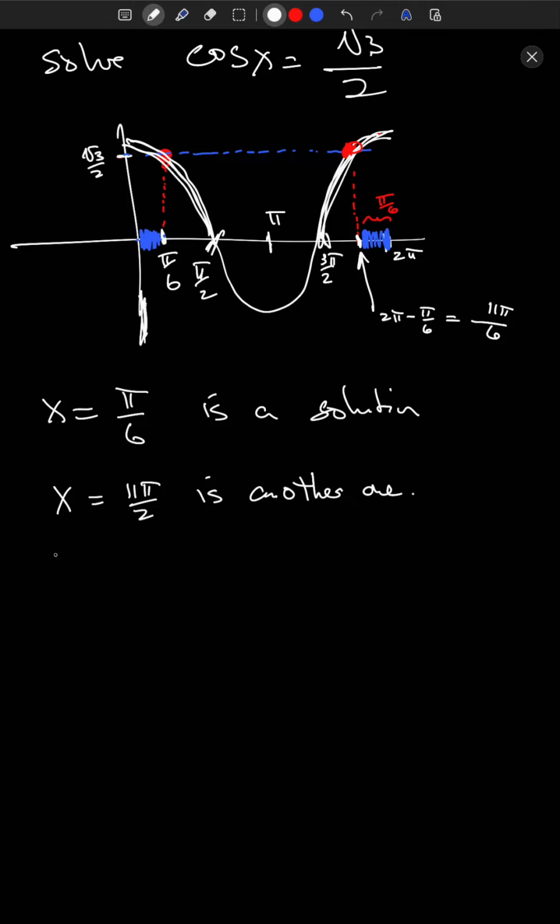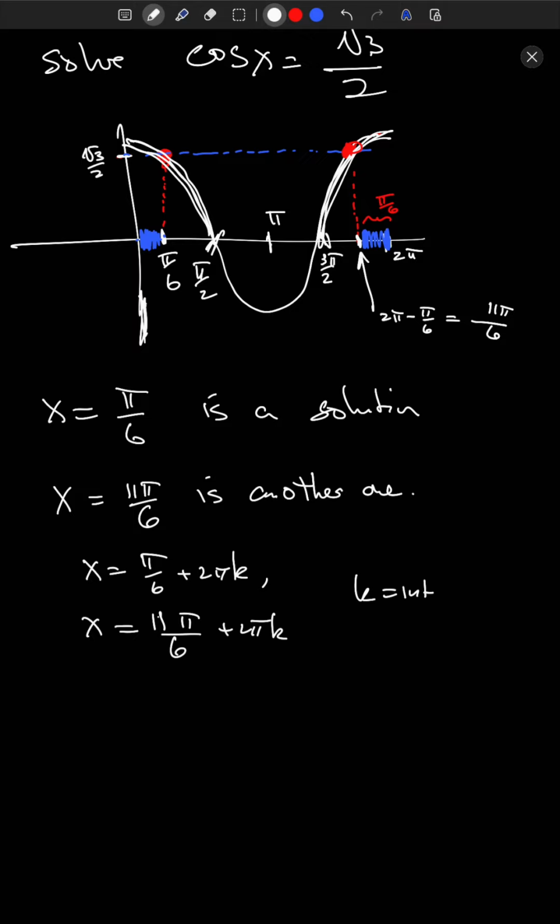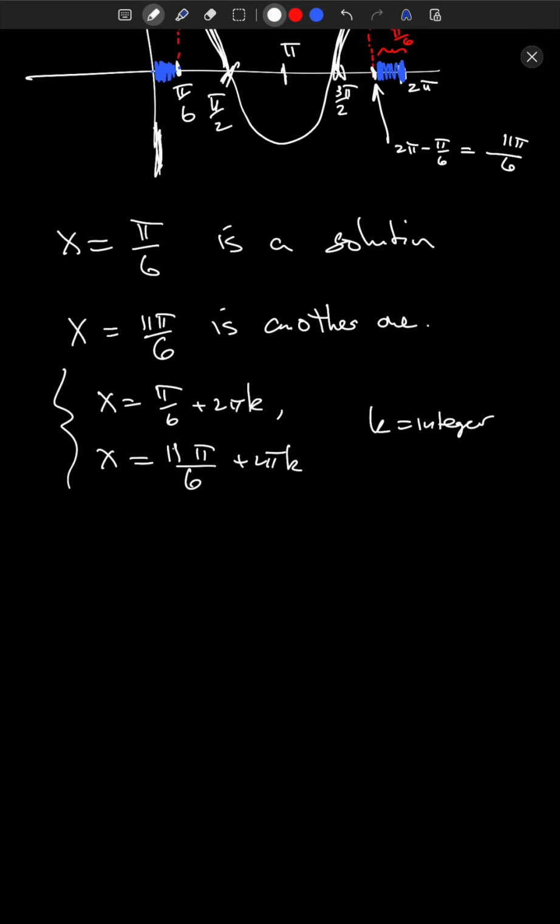And so all of them are x equals pi over 6 plus 2 pi k, 11 pi over 6 plus 2 pi k, k equals integer. These are all of them. All right. So all solutions.